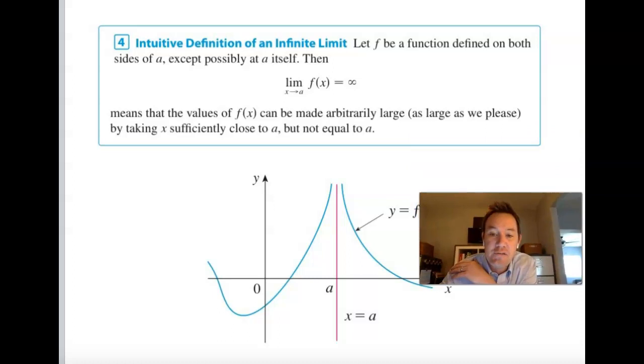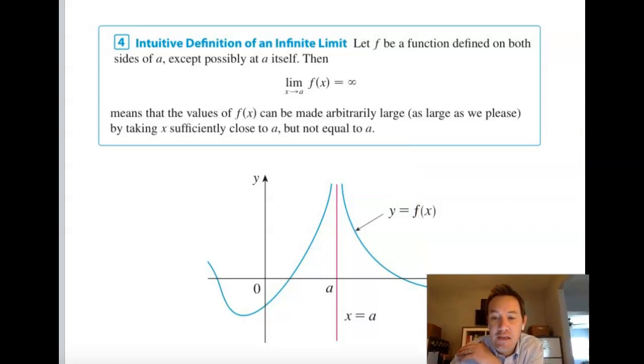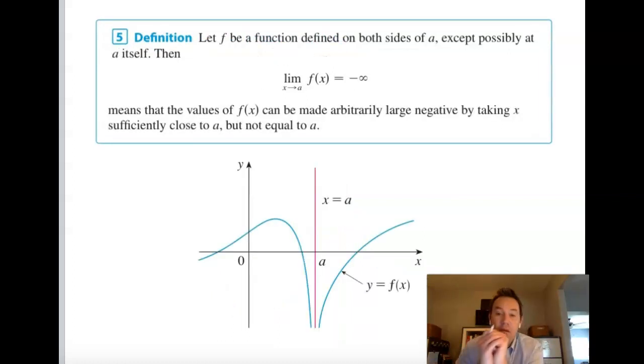The function has to be defined on both sides of a. Then the limit of f of x as x approaches a equals infinity means that values of f of x can be made arbitrarily large by taking x sufficiently close to but not equal to a. Same idea for negative infinity, right?